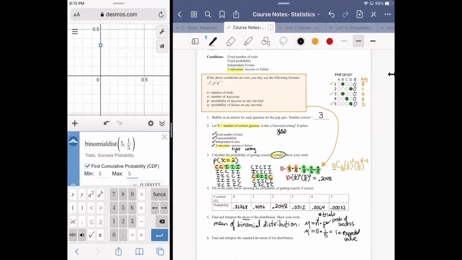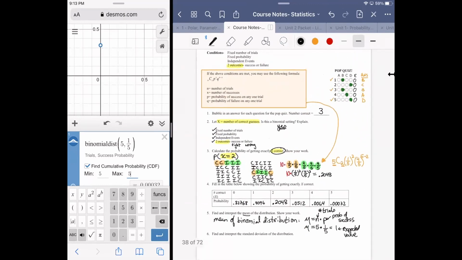Now, the measure of variation, the standard deviation of a binomial distribution, is sigma equals the square root of npq. All right. So n is the number of trials, p is the probability of success, q is the probability of failure.